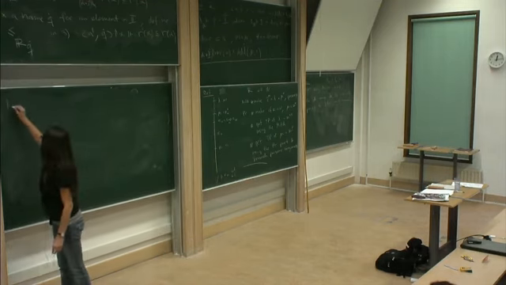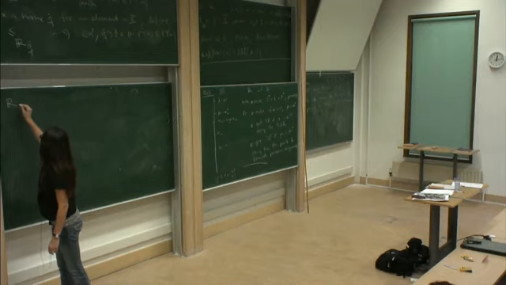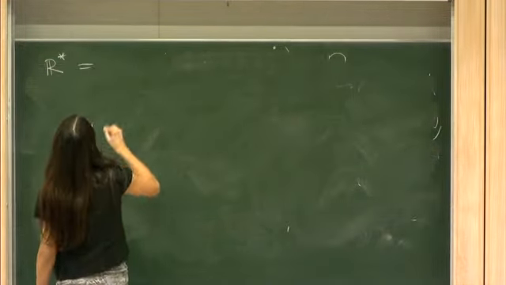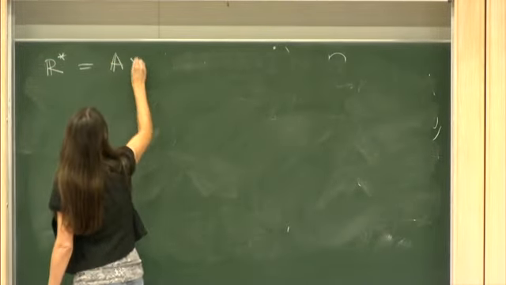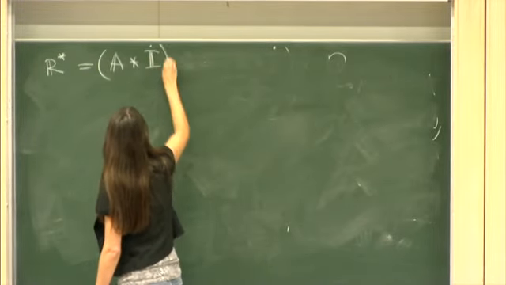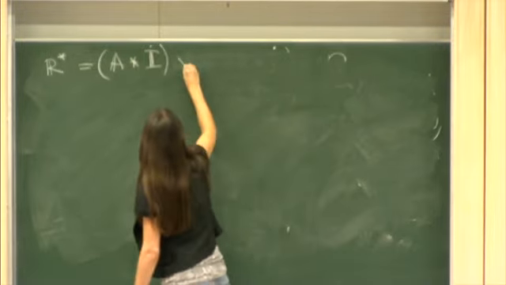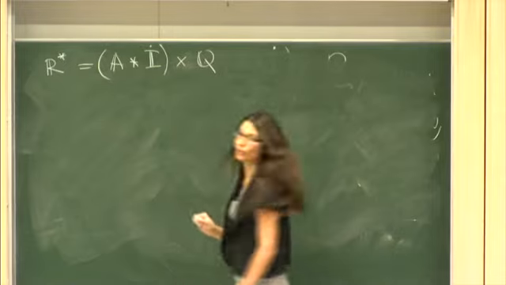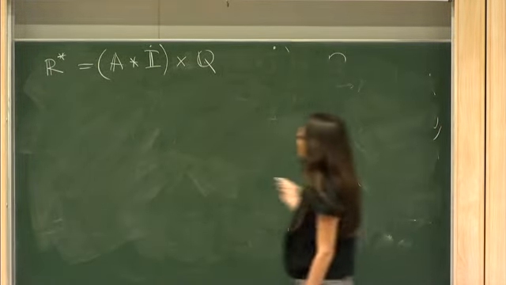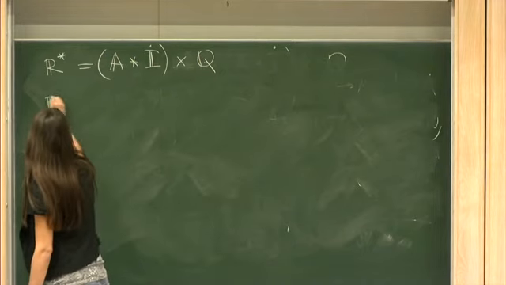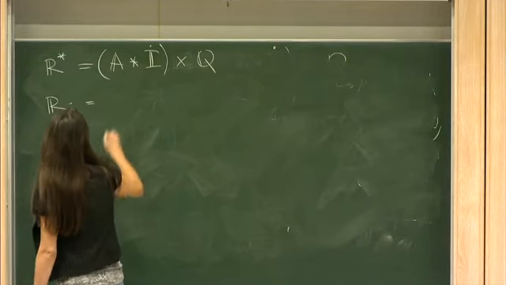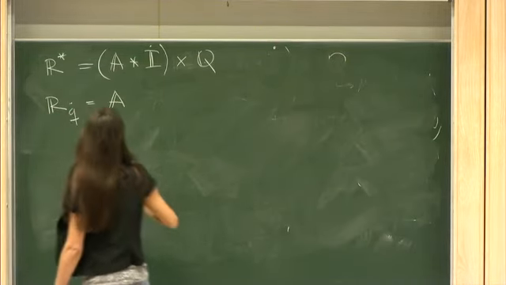So first, as before, R star can be written as the product A times I and some forcing Q. Okay. Now, what about R sub Q dot? Well, R sub Q dot can be written as this interesting thing.